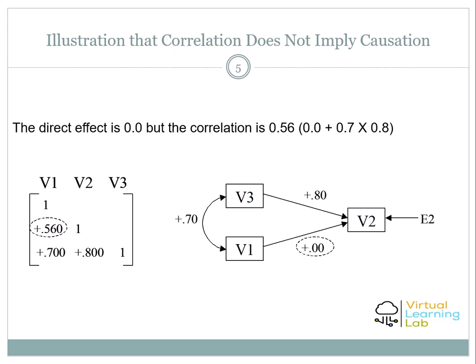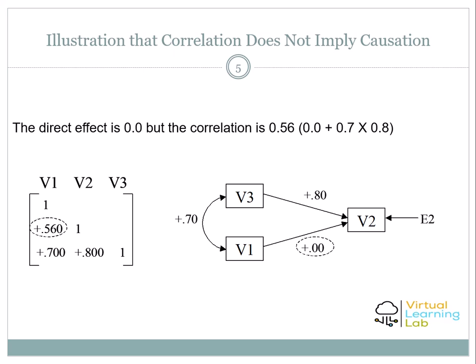And here to the right, we have a path diagram showing the actual relationships. What's happening here is that V1 has zero causal effect on V2. However, V1 is correlated with V3, and V3 has a causal relationship with V2.